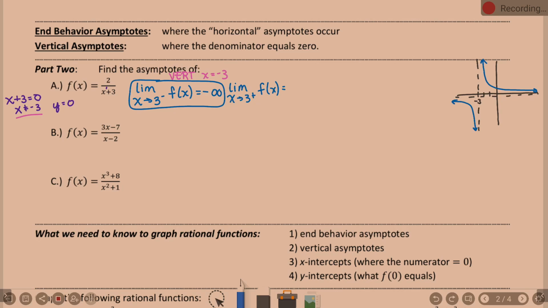As x approaches negative 3 from the right, where's my graph going? Positive infinity. Agree, disagree? Agree. It's going up, so positive infinity. Are we good with that half of the problem?